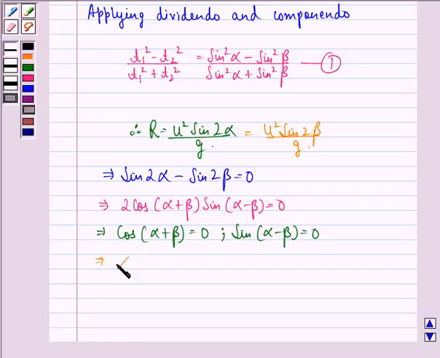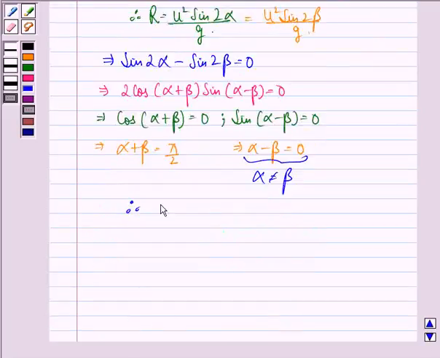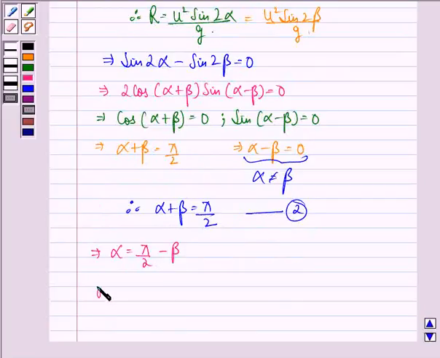Now this implies that alpha plus beta is equal to pi by 2, and this implies that alpha minus beta is equal to 0. But since alpha is not equal to beta, therefore alpha plus beta is equal to pi by 2, and this we call 2. This implies that alpha is equal to pi by 2 minus beta, or we can say beta is equal to pi by 2 minus alpha.